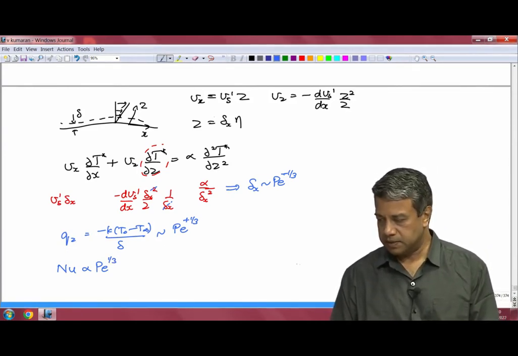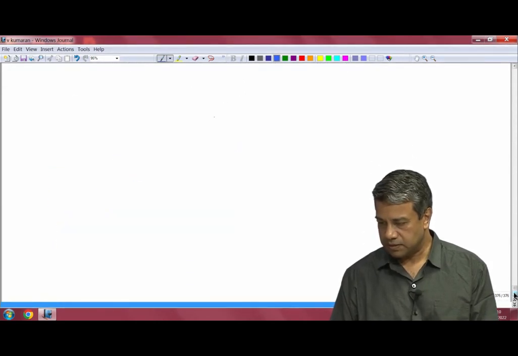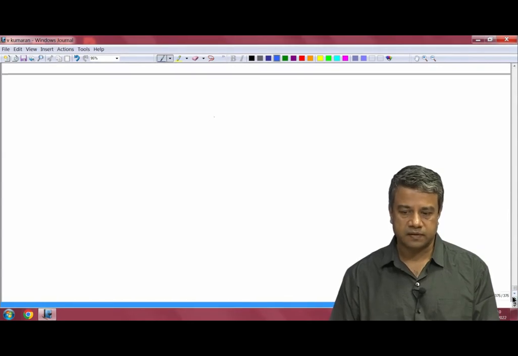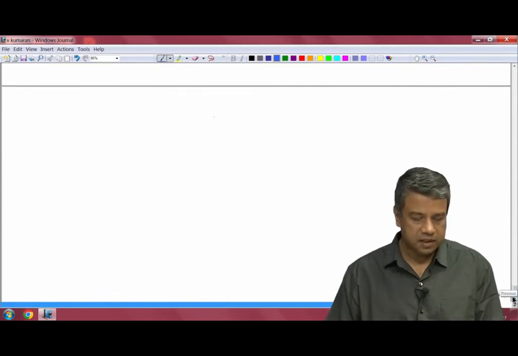Okay. So, this completes our discussion of flow past rigid surfaces. Next class we will look at flow past a mobile surface, where the velocity is not 0 at the surface.